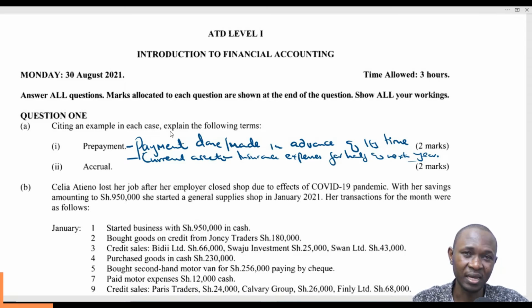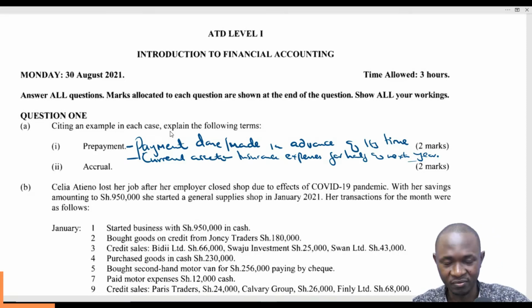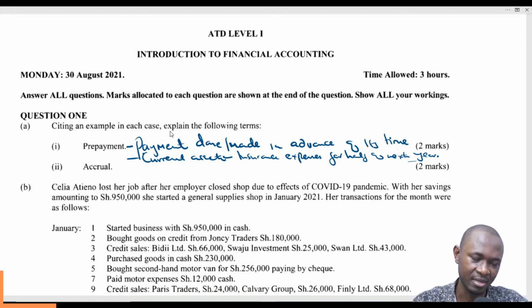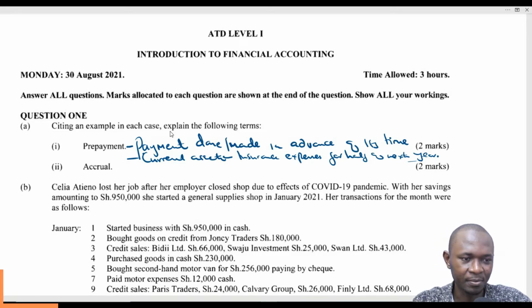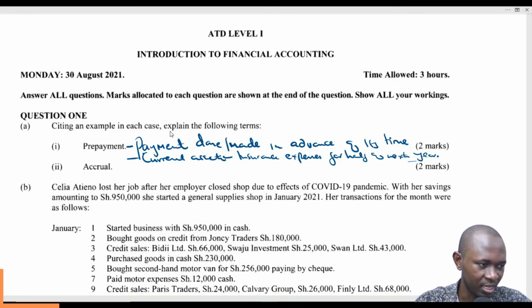It's not actually a cost that has been incurred in this financial period, but a payment that we have made in respect of the following year. You pay in advance of its time. The real time is next year, but we have paid before we come to the exact period in which it's supposed to be paid.